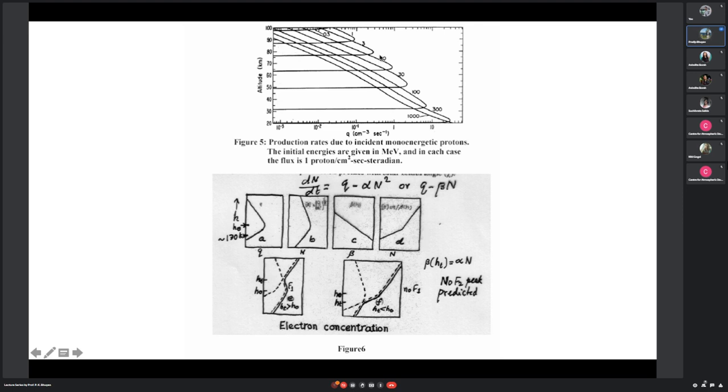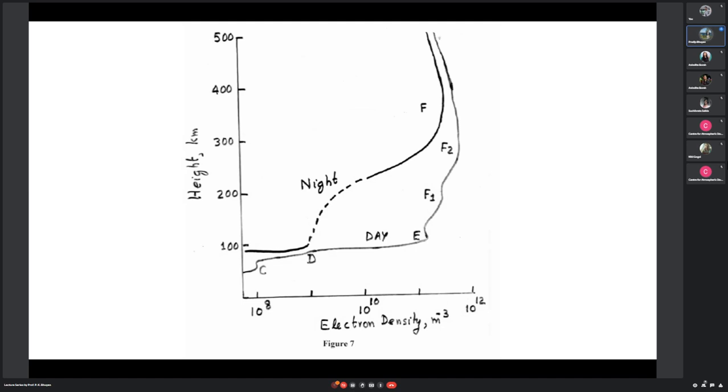So ionizing radiations of different strength can have ionization at different altitudes. Physically, if the ionizing radiation coming from the top is strong, it will come deeper. If it is weak, it will not be able to come deep into the atmosphere.